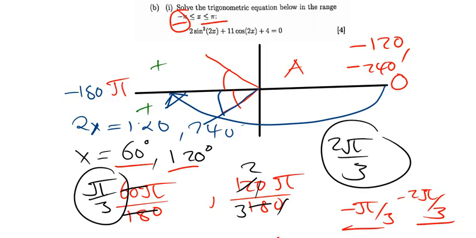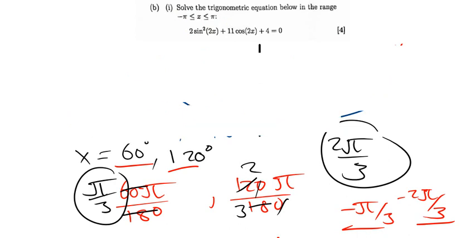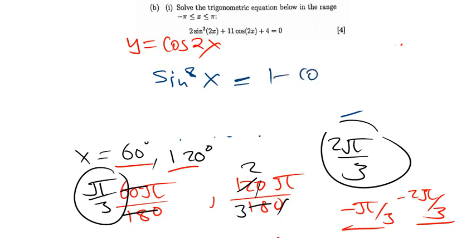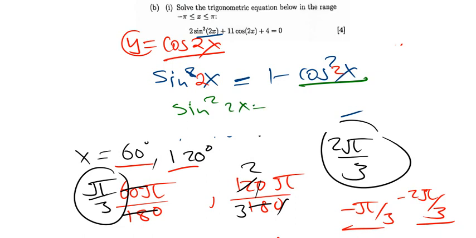So just a quick recap. Now we answered this question. We just said let y be equal to cosine of 2x, and then we used the identity sine squared of x is equal to 1 minus cosine squared of x because of that squared part there. And then we saw that if we put 2x as well, it remains. And so since we've got y equal to that, sine squared of 2x became 1 minus y squared.